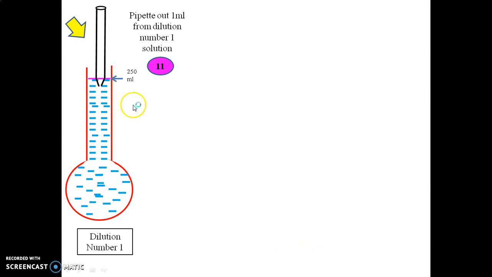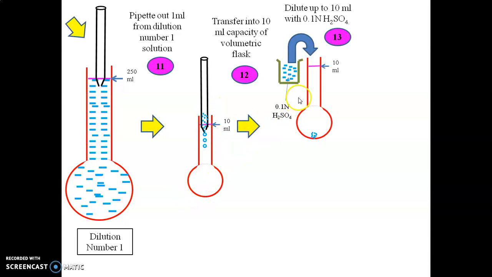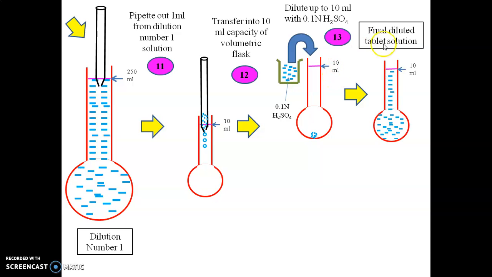Then pipette out 1 ml from the dilution number 1 solution and transfer into a 10 ml volumetric flask. Then dilute the solution up to 10 ml with 0.1 normal H2SO4 solution. So this is the final diluted tablet solution.